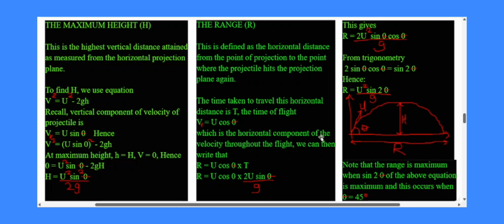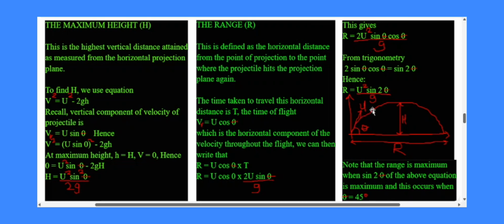Don't forget, when the object moves this way, following the parabolic path, by the time it gets to the maximum height, the only reason why it stops going up and starts coming down is because the velocity here has reached 0. It has been thrown with a particular velocity u, the initial velocity.